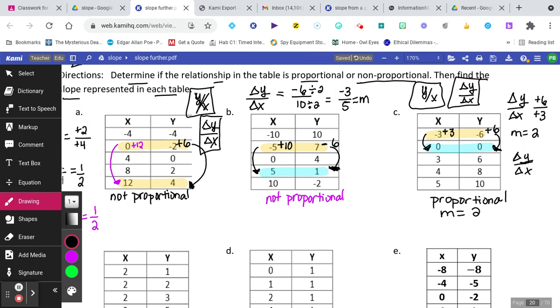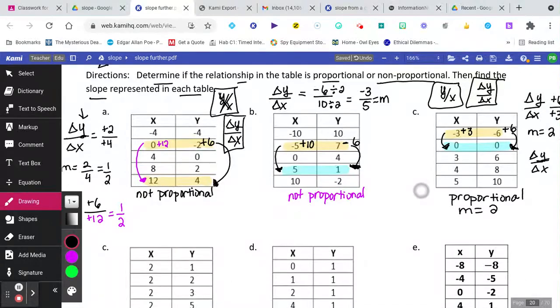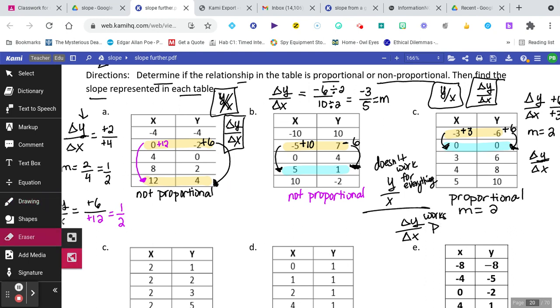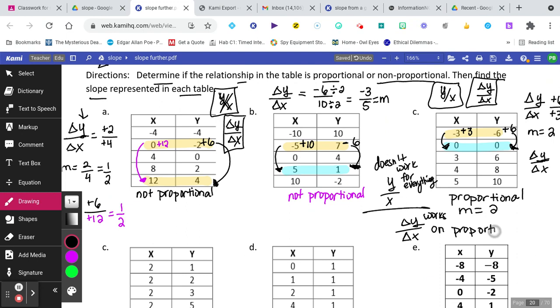So this is what I'm getting at, guys. Dividing y by x doesn't work for everything. It only works for proportional. But the change of y over the change of x works on proportional and non-proportional.